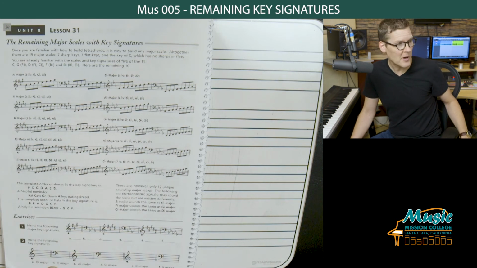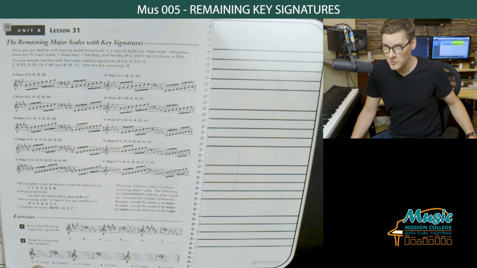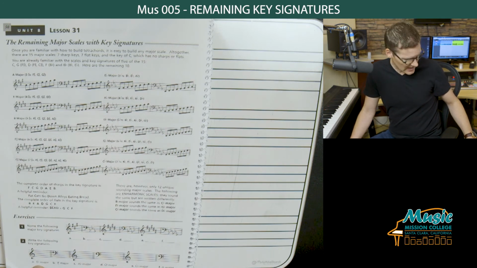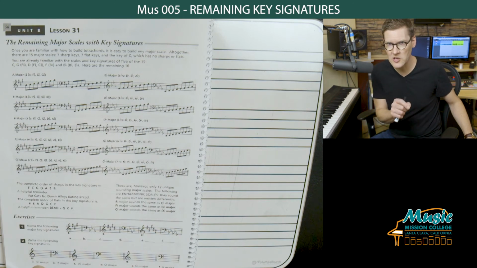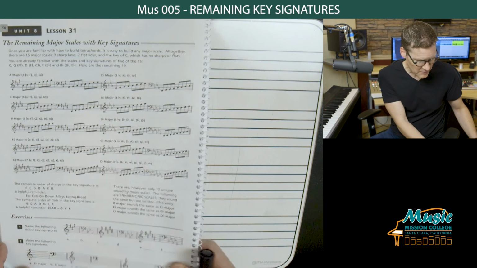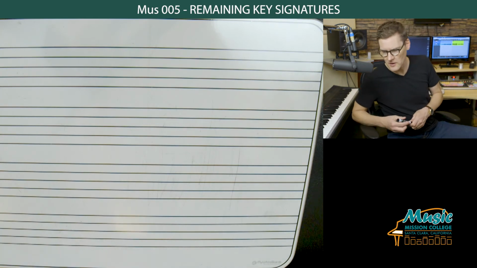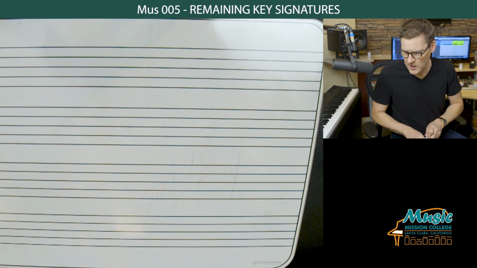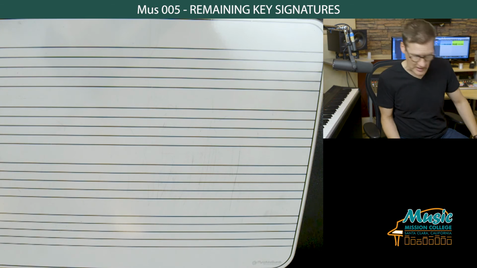Then at the very bottom of the page, I want you to practice writing those key signatures. And remember, there's an order to the sharps and the flats, and also a specific location where they can go. So maybe I'll just do a couple of these and end the video like this. Let's look at A flat major on the treble clef.